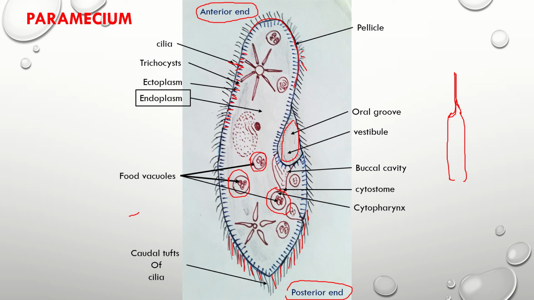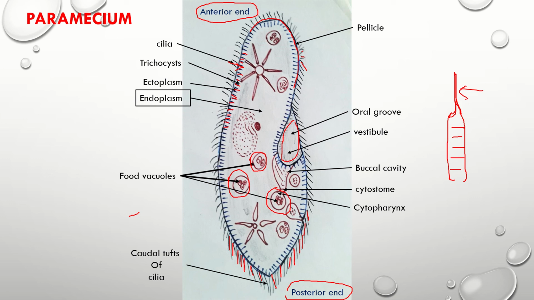So there are two structures in the trichocyst: a broad elongated part called the shaft, and a terminal pointed structure called the tip. These two structures are found in the trichocyst. But the function of trichocysts is not well known.